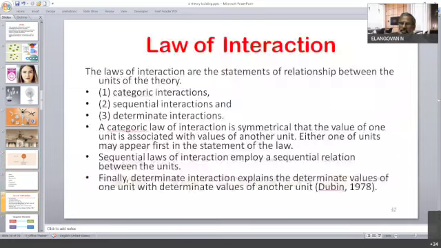Now coming to the second component of a theory. What is there in the theory? First is the unit. The second is how these units interact. We call it the law of interaction. A theory speaks about the connection between two variables.